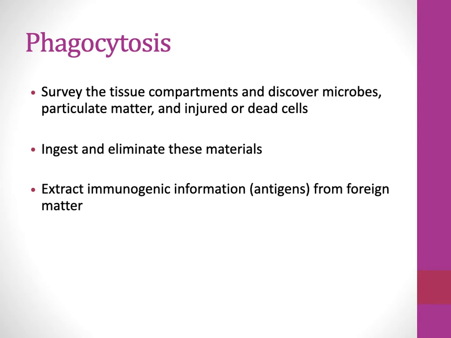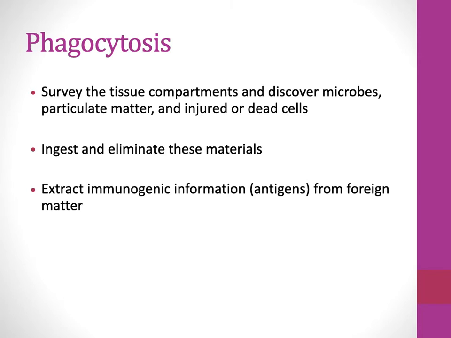Looking at the process of phagocytosis, this is a way in which material can be cleared out. Again, pathogens, microbes, also any kind of matter that shouldn't be there, like pollen and such, but also injured or dead cells too. The phagocytes are the cells that undergo phagocytosis.